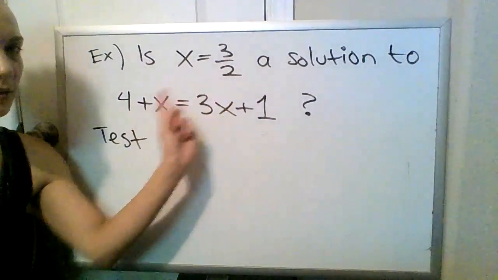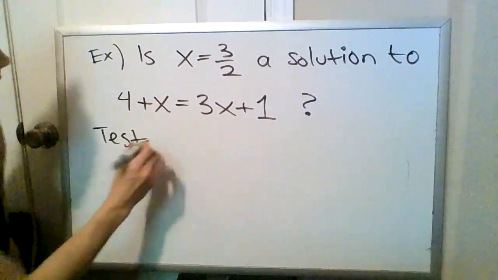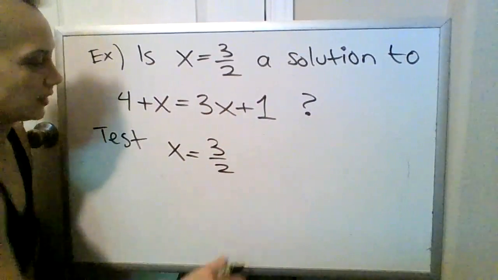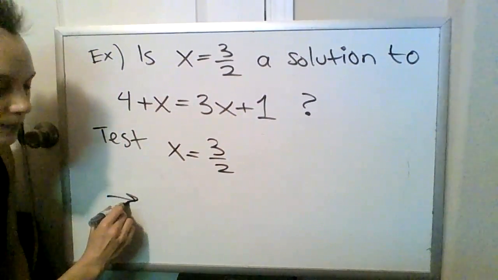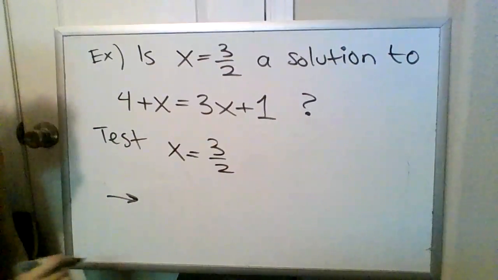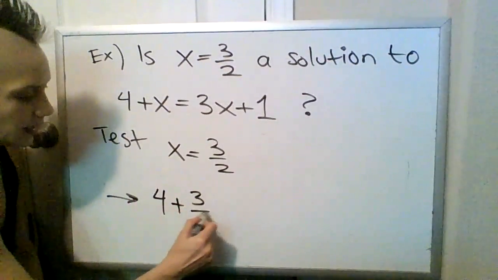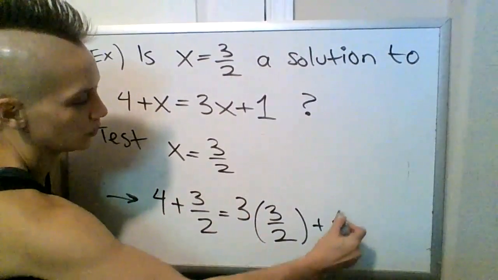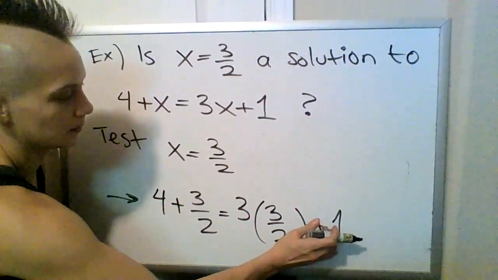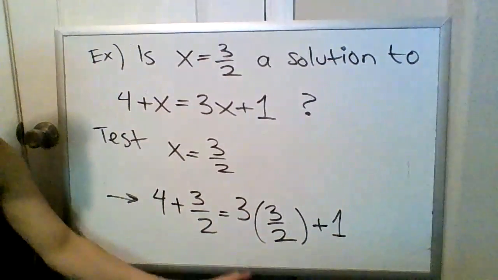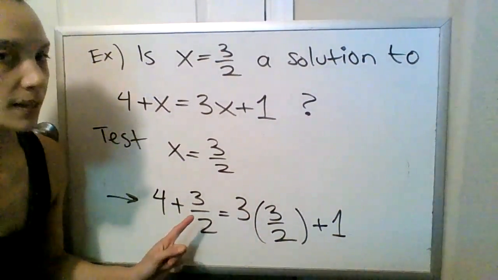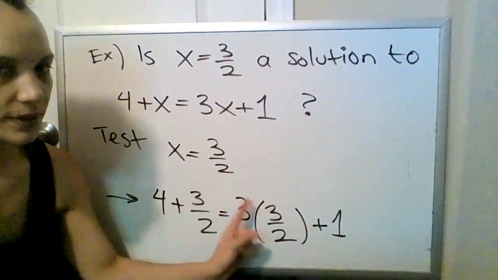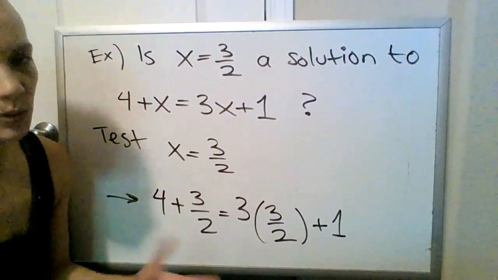So we're putting in 3 halves for x right here and right here. Then you would have 4 plus 3 halves equal to 3 times 3 halves. So I'm going to simplify this side, leave the equal sign where it is, simplify that side, and then look for a true or false statement.